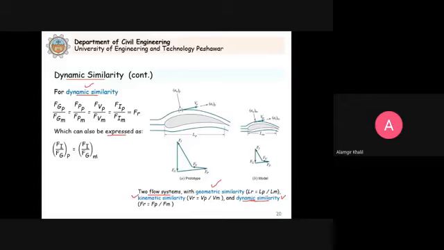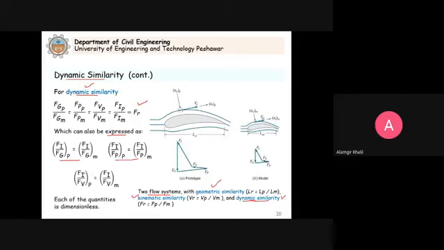We can write it in this form. If we agree that for dynamic similarity this is the situation, then we can also express the above equation in this form: inertia force by pressure force for the prototype must be equal to this ratio in the model, because this is a constant for dynamic similarity between the two systems, model and prototype.